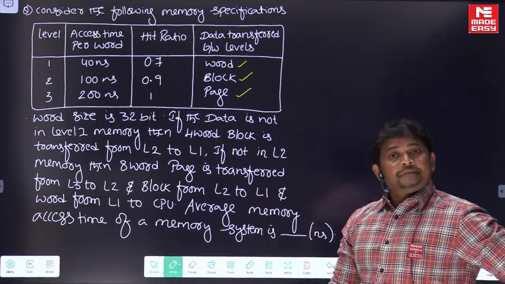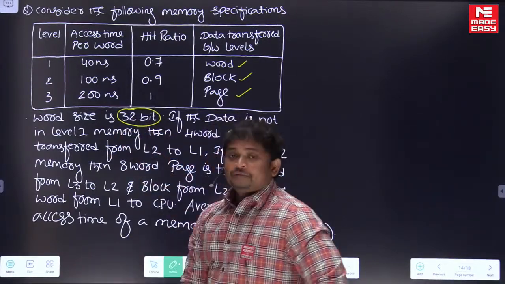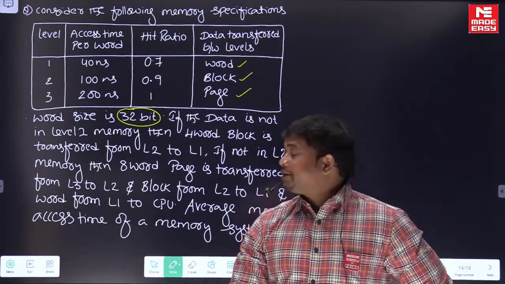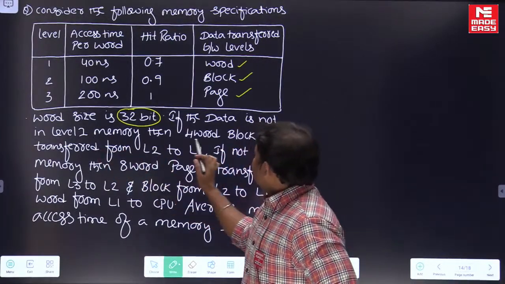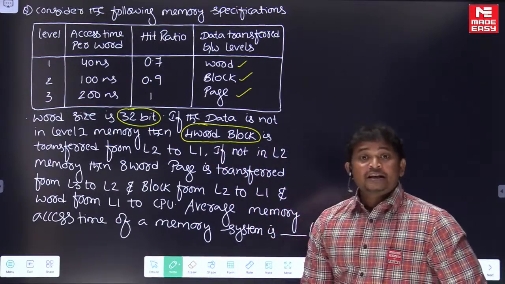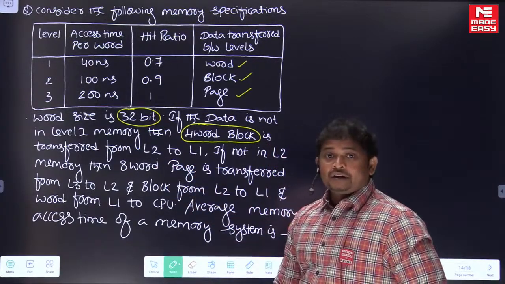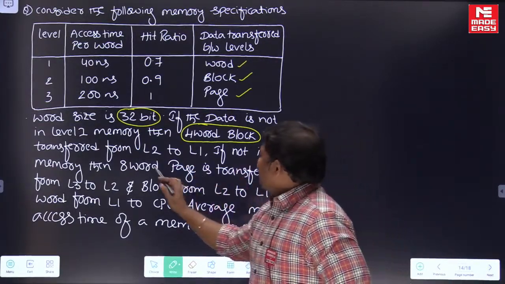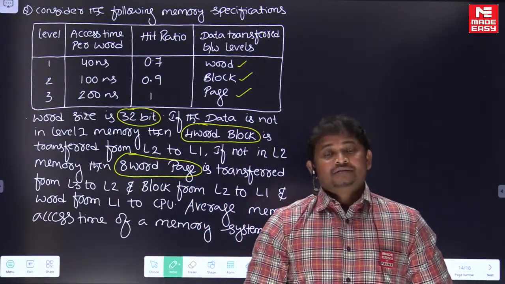The word size of the system is 32-bit, the word length of the CPU. If the data is not in level 1 memory, then a 4-word block is transferred from L2 to L1. If not in L2, then an 8-word page.